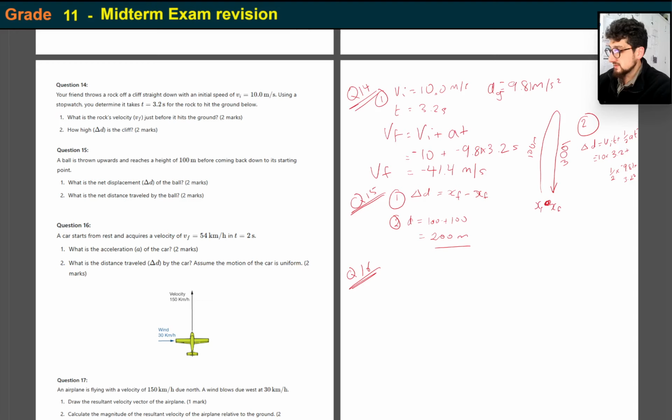Negative 10 times 3.2. Now, of course, I'm going with negative 10 because the initial velocity is going down since I'm using acceleration as negative 9.81. 0.5 times negative 9.81 times 3.2 squared.